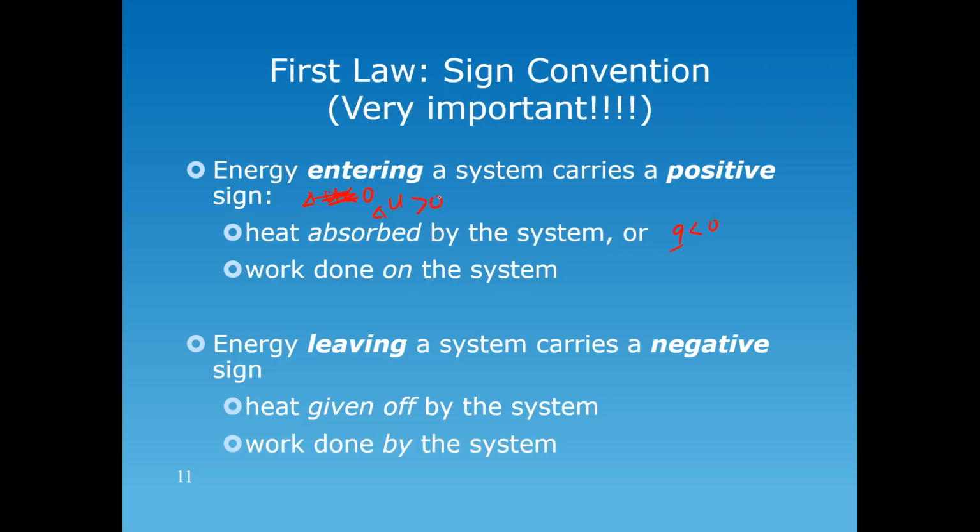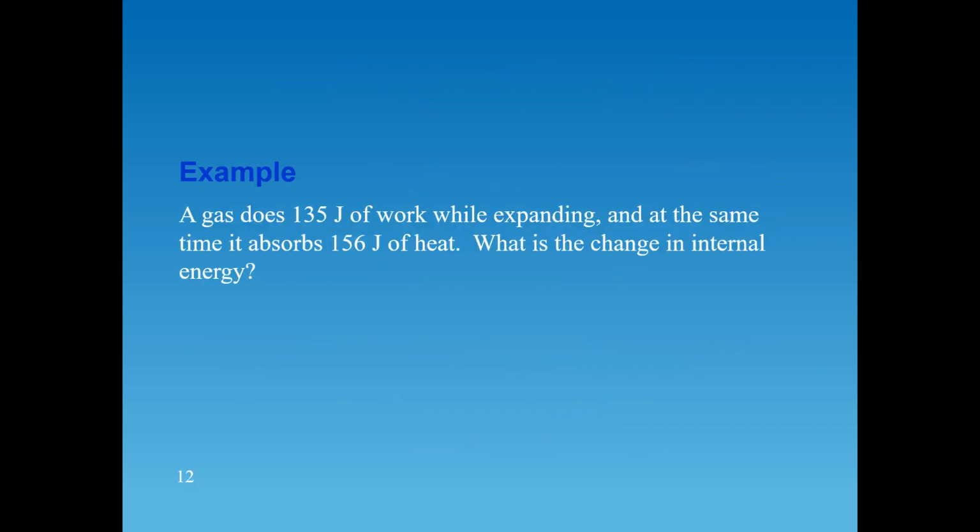If delta U is positive, that means that Q is positive and work done is also positive, all right? On the other hand, if delta U is negative, then that means that Q is negative or the work done on the system is negative, all right? So that's basically how you interpret the signs when it comes to applying the equation for the first law.